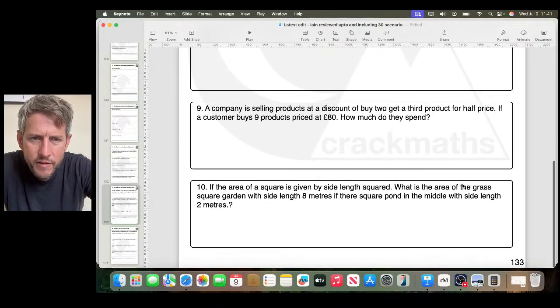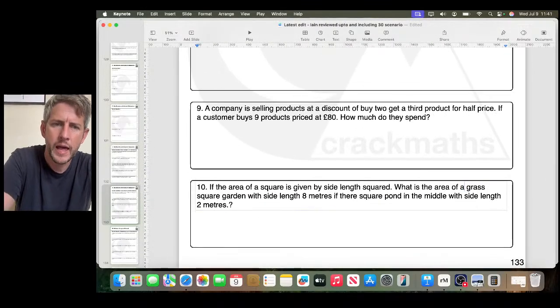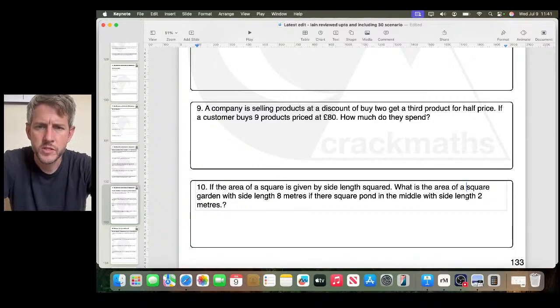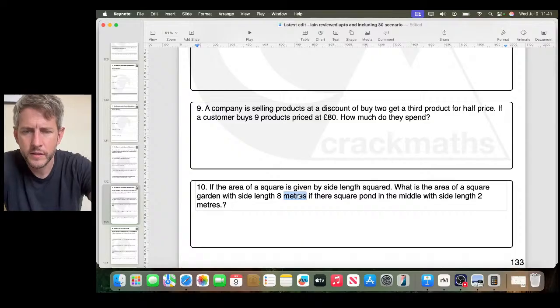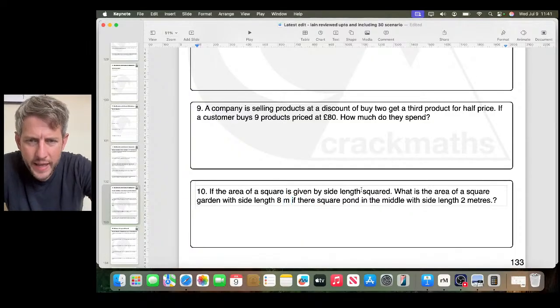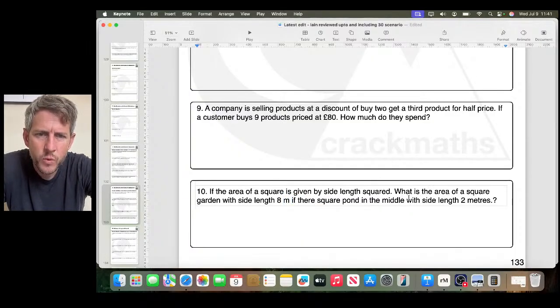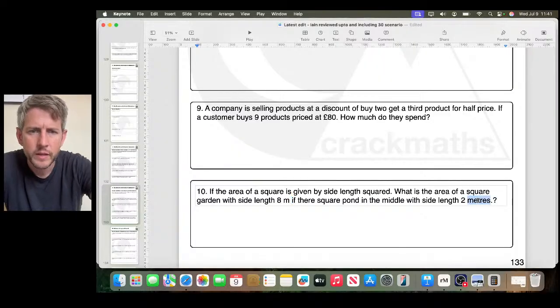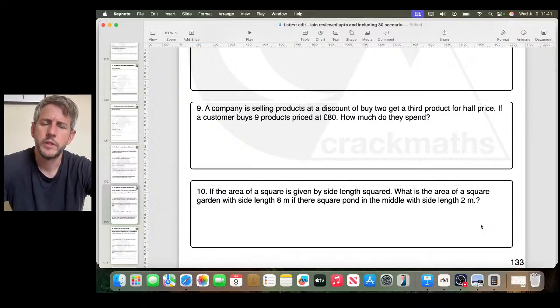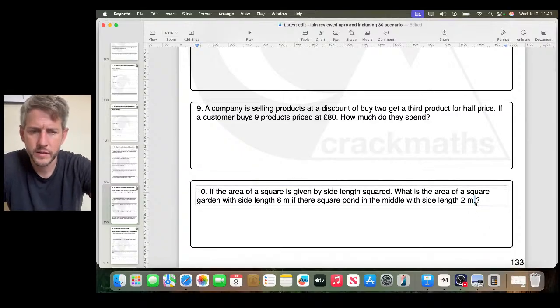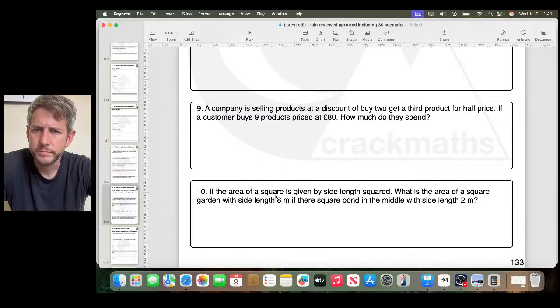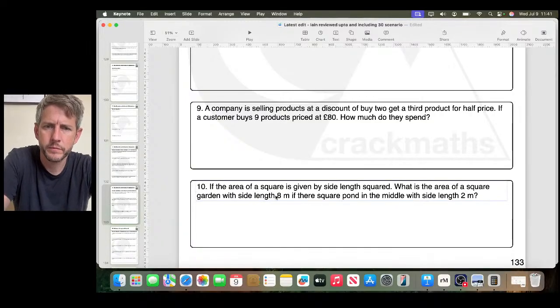What is the area of a square garden with side length 8 meters? Okay, I'm just going to put 8m there. If the square pond in the middle has side length 2 meters. Okay, and then we don't need a dot there. Okay, right. And then let's move that up.